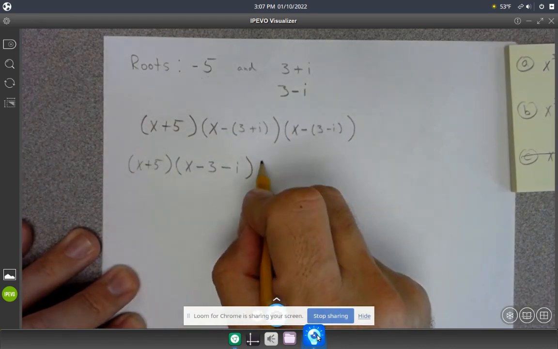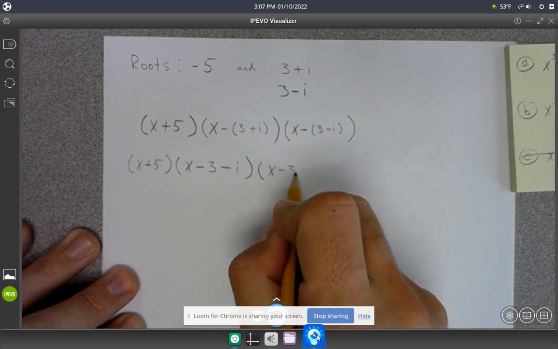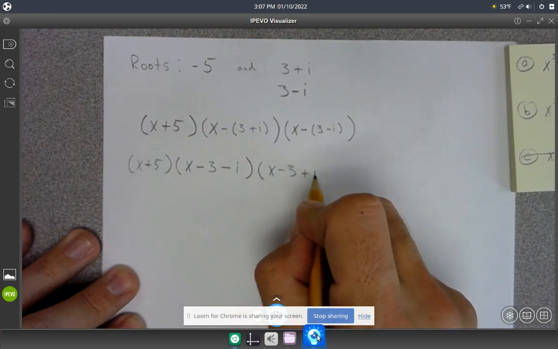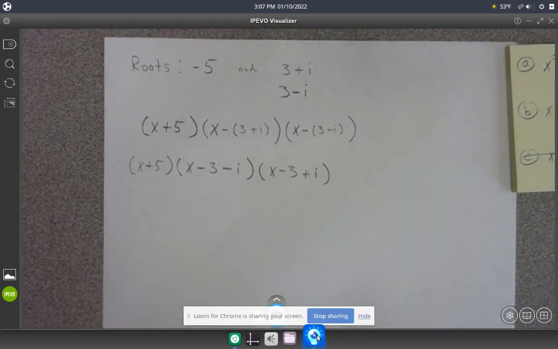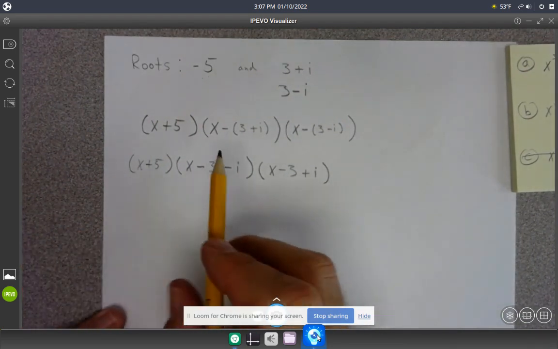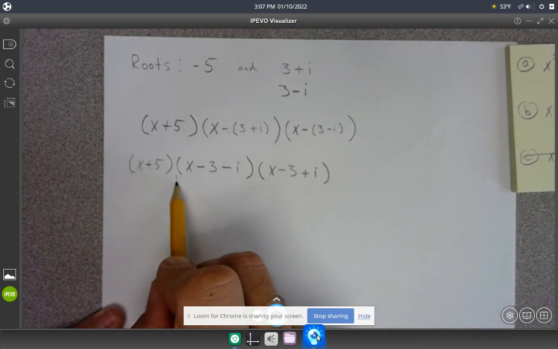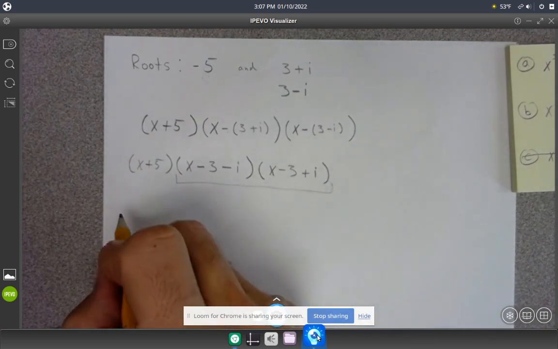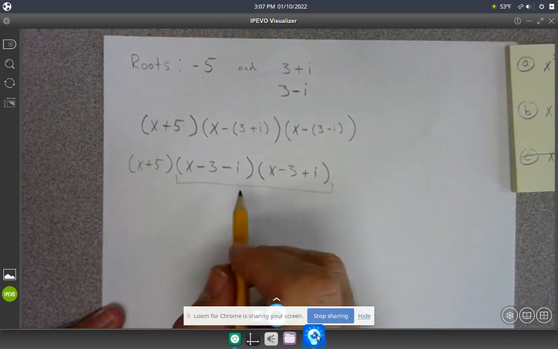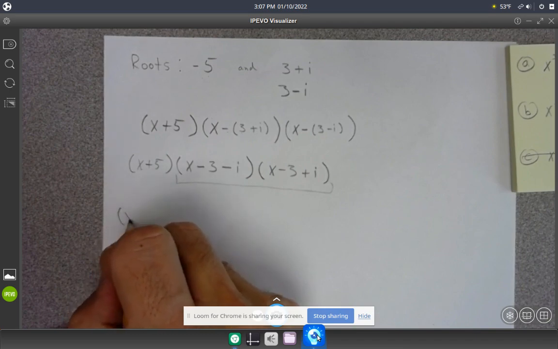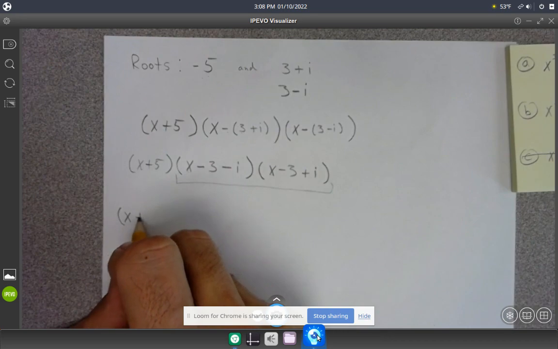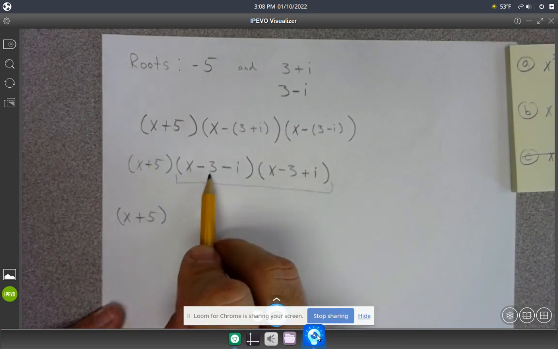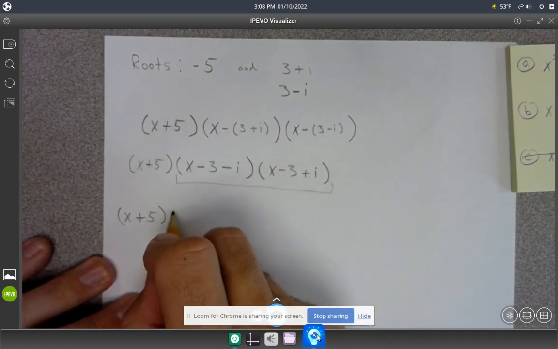Same thing here. This will give me x minus 3 and a plus i. Okay. So when I multiply this, it's going to be really big. I'm going to multiply these two by each other. So I'm going to have 9 multiplications altogether, because I got to do this x times all 3 of those, and then I got to do the -3 times all 3 of them.